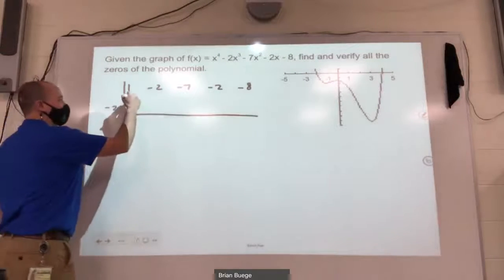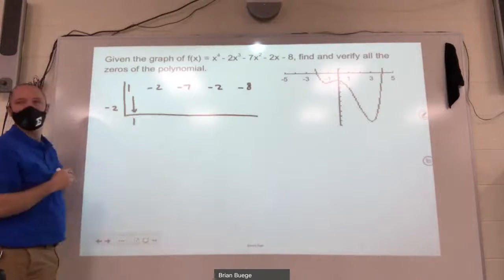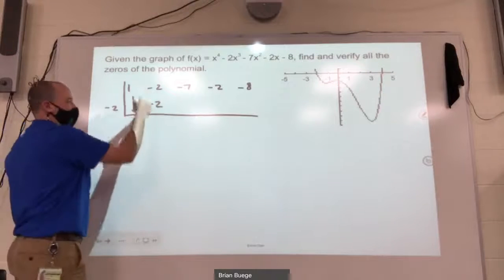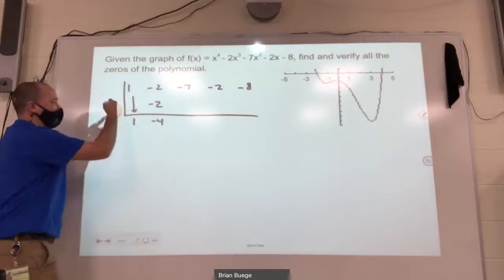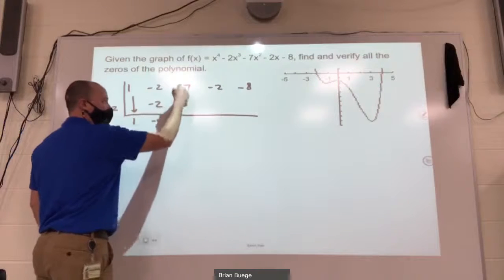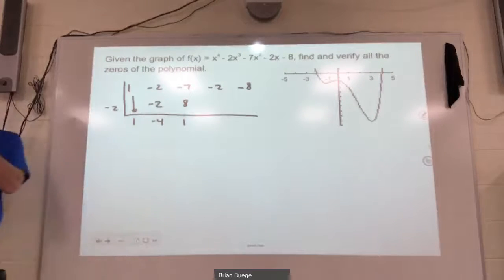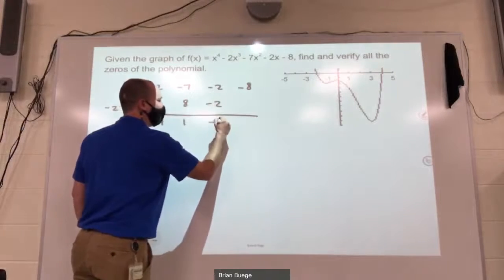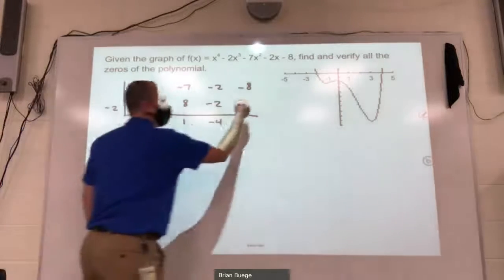All right, so we work through the process. Bring down the first term, multiply by -2, and then we add. I get -4. Multiply by -2, I get a +8. Add to get 1. Multiply to get -2. Add to get -4. Multiply, get +8.